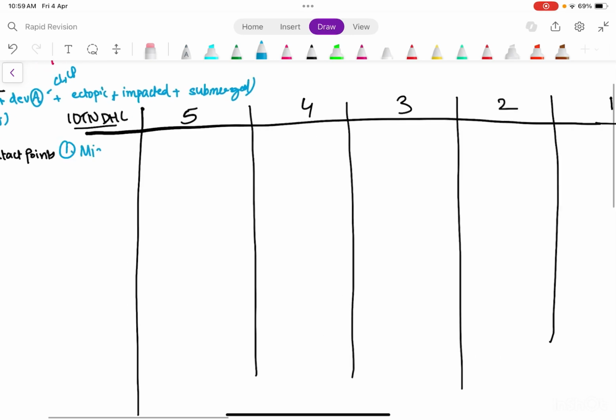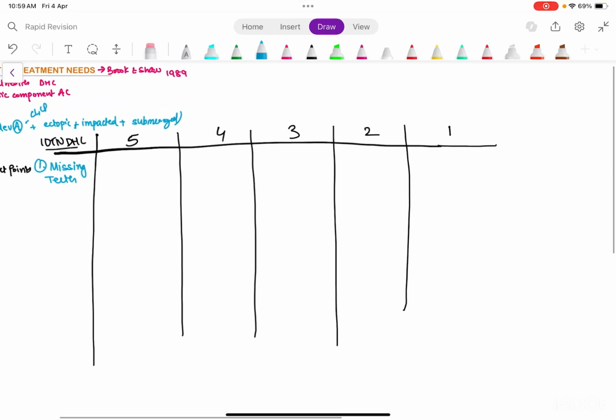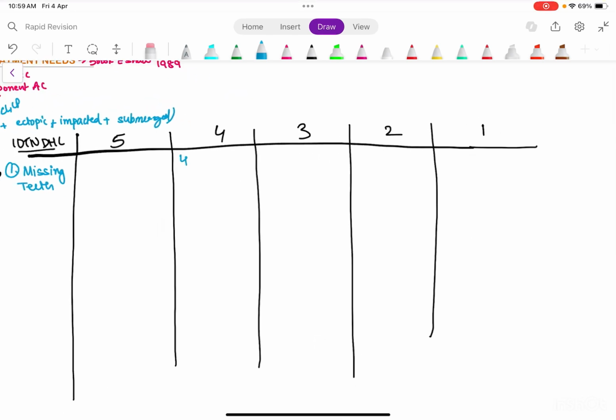First we'll talk about MOCDO. Missing teeth: take the number and write A, because we're talking about the first thing. Nothing really happens in the lower grades, but in 4A you will see less extensive hypodontia. Then in 5A you will see extensive hypodontia.